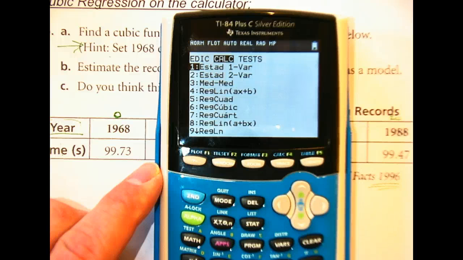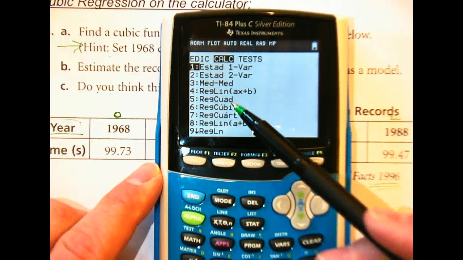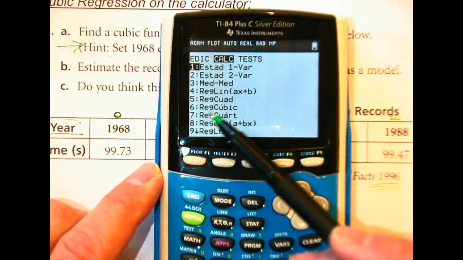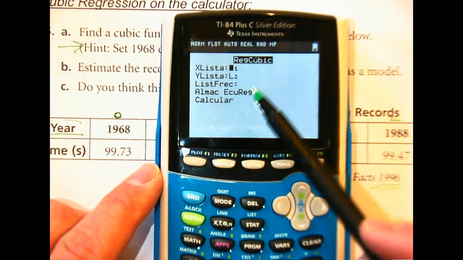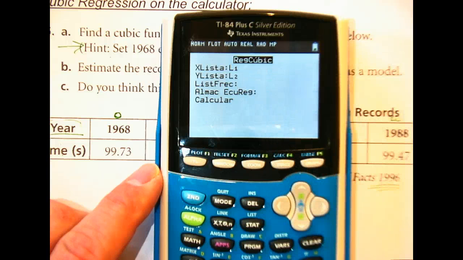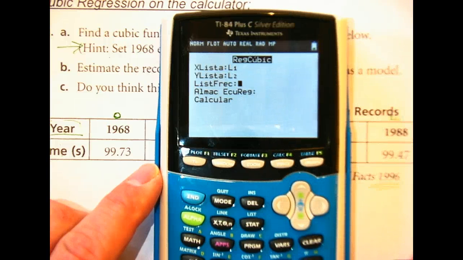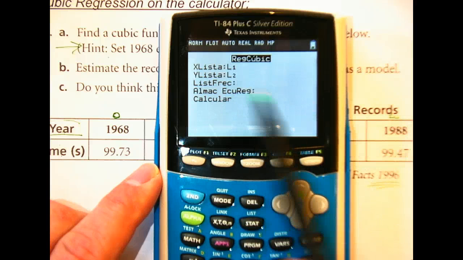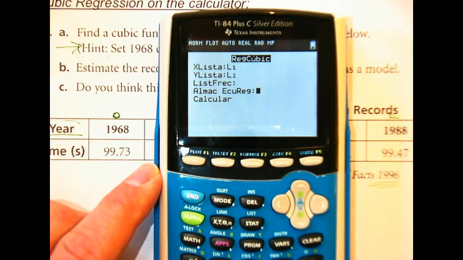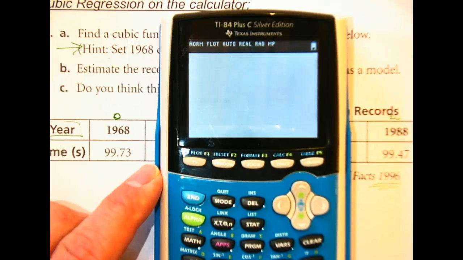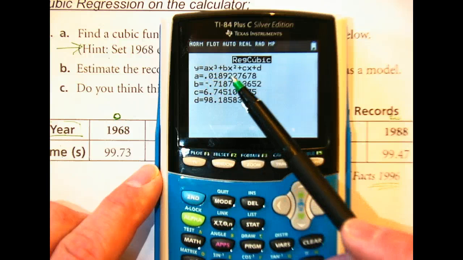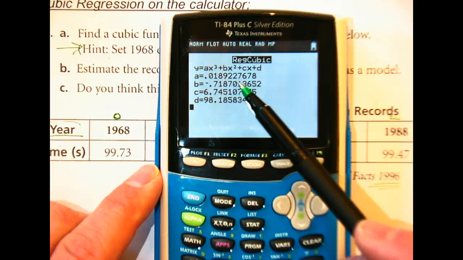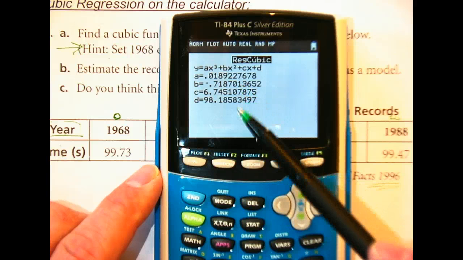And we are selecting cubic regression, which on mine is 6. Then it asks what list you want to use. Do you want your x to be list 1? Yes. Y list 2? Yes. List frequency, we don't need to worry about right now, and we just calculate. There we've got it, in the form ax cubed plus bx squared plus cx plus d. A is that, B is that, C is that, D is that.